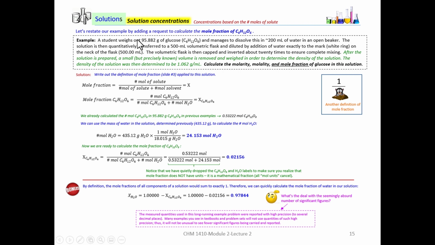In an undergraduate general chemistry lab, you probably would have less precision on the balance, so the number of significant figures you'd be dealing with would be less. Many examples you see in textbooks and problem sets will also not use quantities of such high precision, and so it won't be unusual to see fewer significant figures being carried and reported in other example problems.